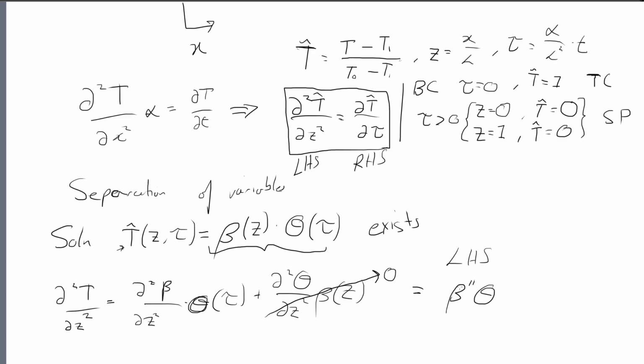It's just implied that beta is only a function of z and theta is only a function of tau. So when I say beta prime prime, I'm saying the second derivative of beta with respect to z. So that's the left hand side of the equation sorted.